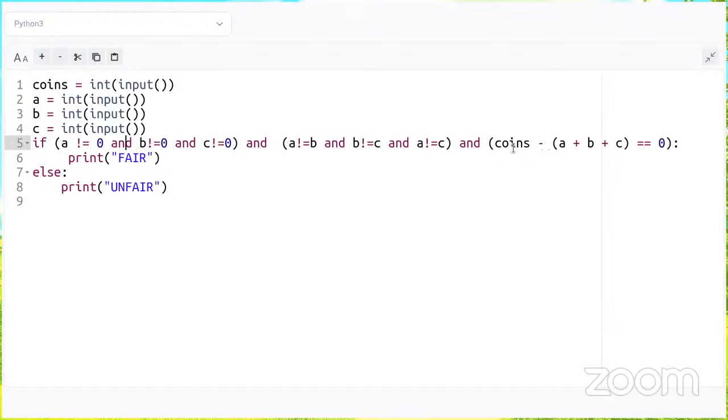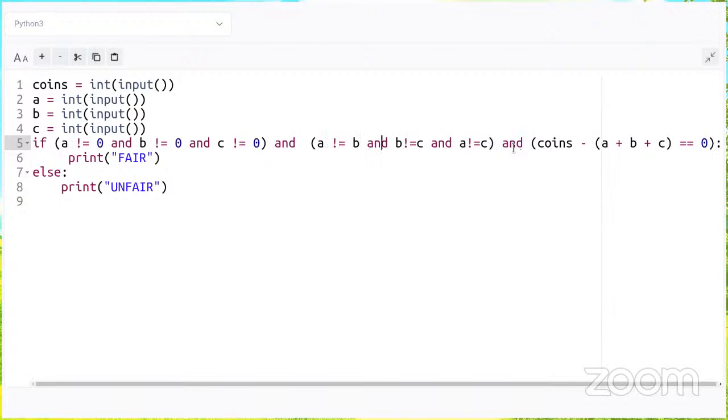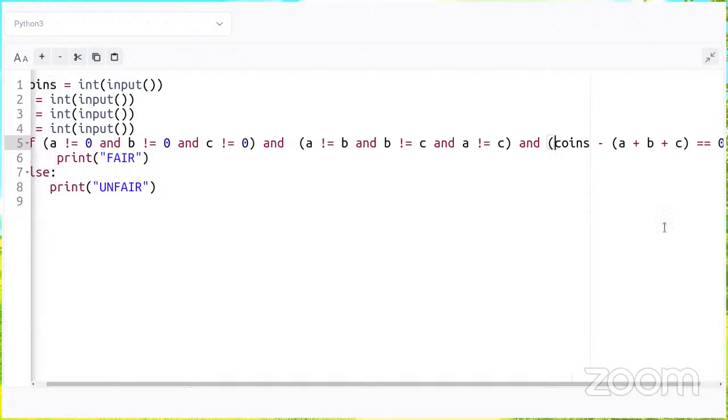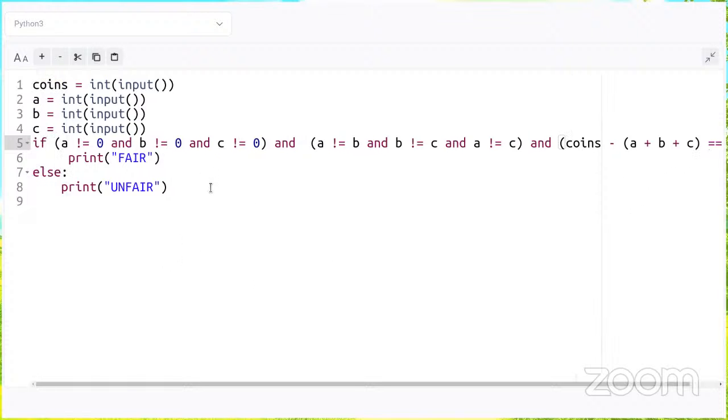Okay, so you are checking that all of them are not equal to 0, that all of them are not equal to each other, and you're also checking if... yeah, this is good. But I would still say that what we had before, I wouldn't say it is complicated.